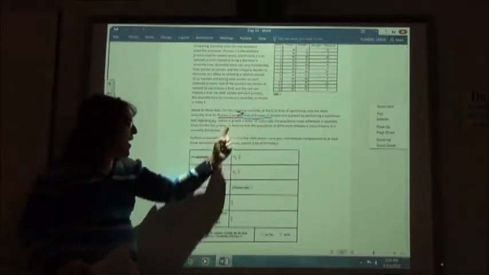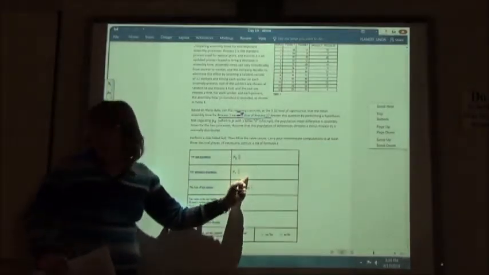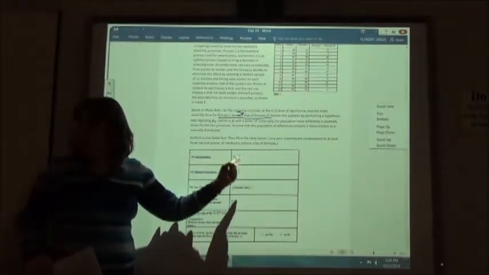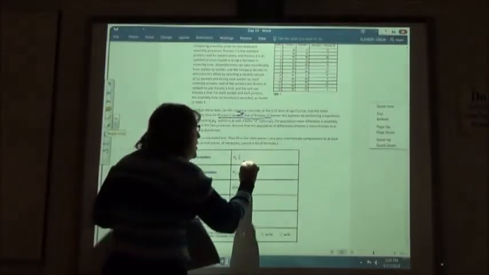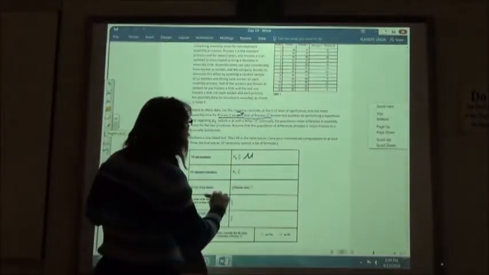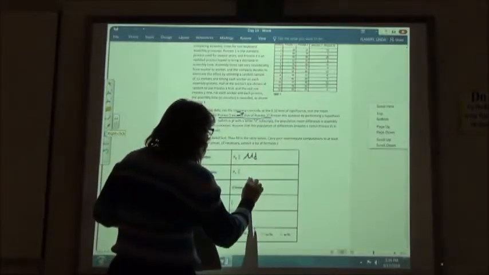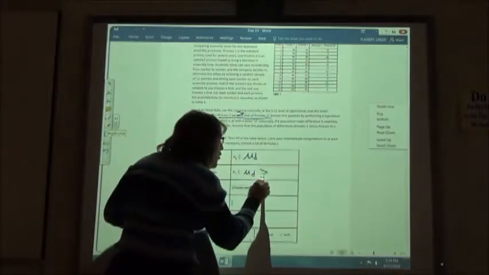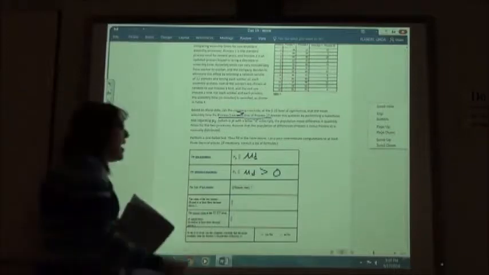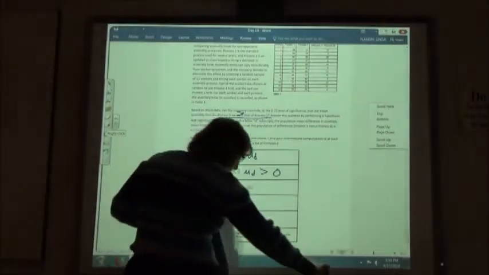Since this is a greater than, that's going to be my alternative hypothesis because my null always has to have the equal. So here, mu sub D, in this case I'm going to do the bottom one first, is greater than 0. It exceeds it, which means my other one, my D is kind of big on those.